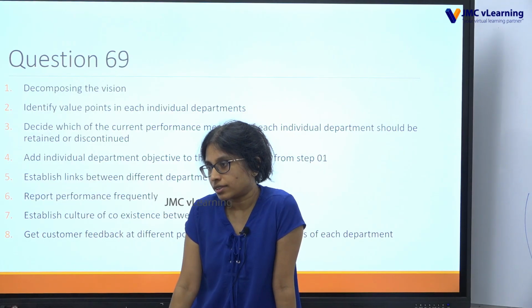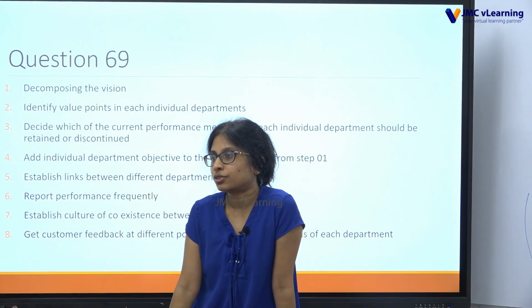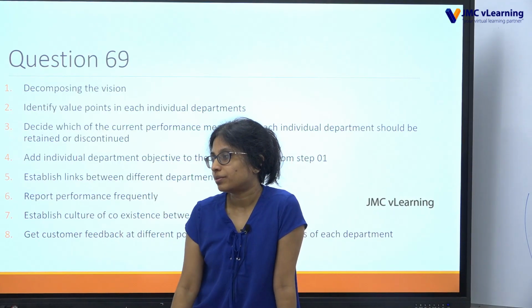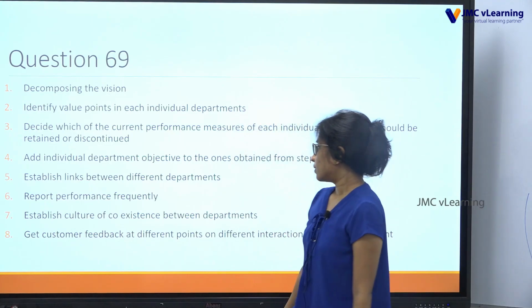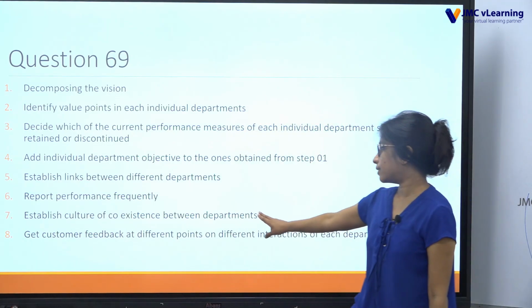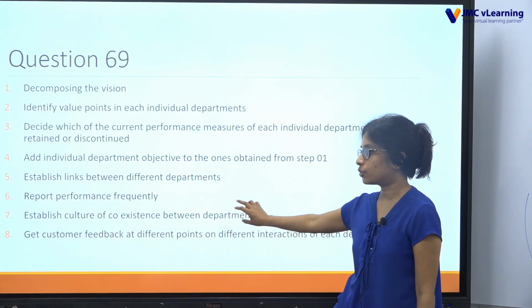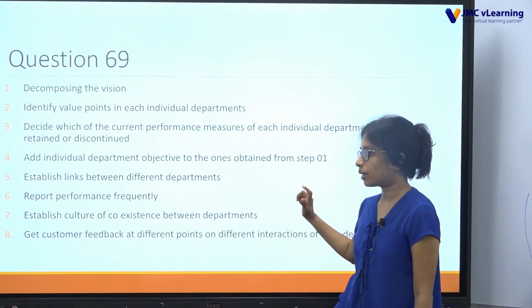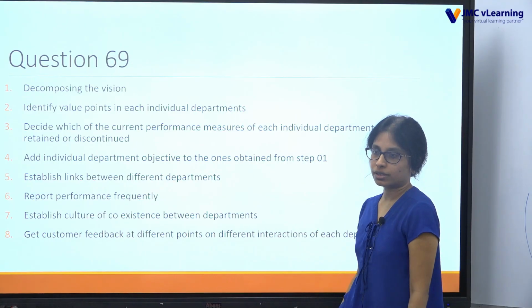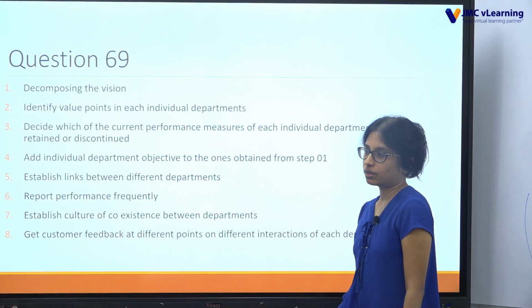There has to be coexistence. No, we can fight, but it's not our company. No, you put the report. That's it. Okay, right. So report, establish culture of coexistence. So that kind of thing cannot happen. You have to make sure people go along. Otherwise, companies can't run.